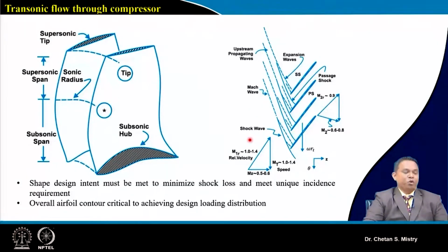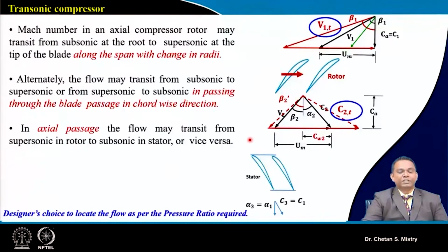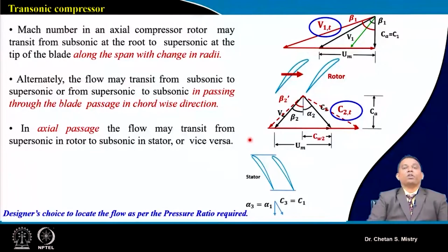Let's discuss what we were discussing in configuring our compressor to be a transonic compressor. Relative Mach number in an axial flow compressor may transit from subsonic at the root to supersonic near the tip region, and that is changing along the span with the radius.